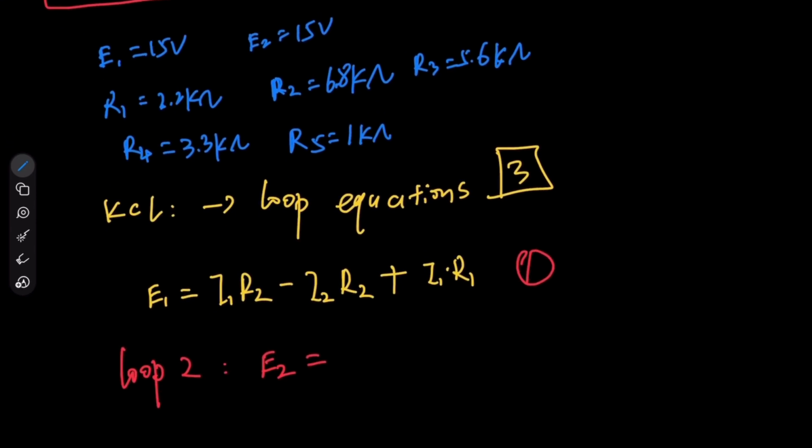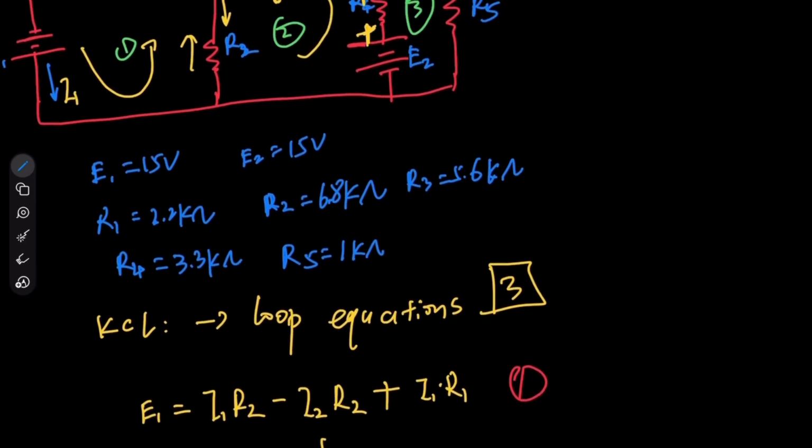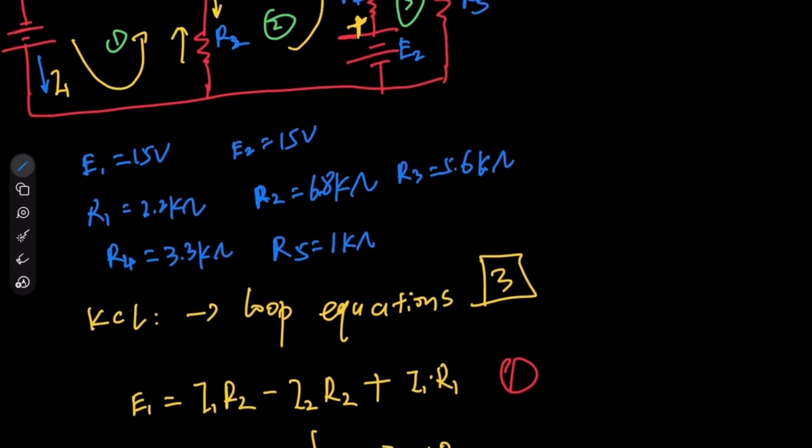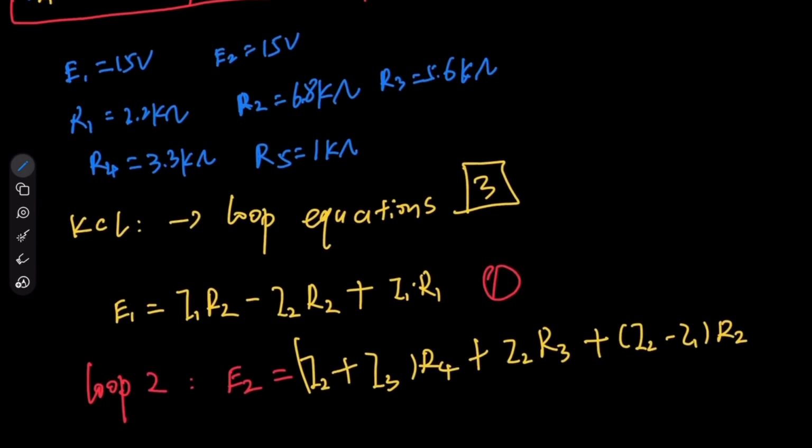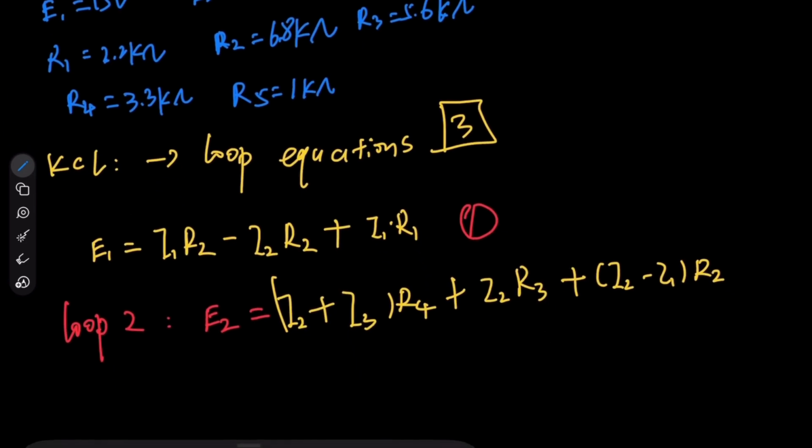So we will have I2 plus I3 times R4, then plus I2 times R3. That's only one current source. And then plus, since we're using this direction, I2 minus I1 times R2. That's for the current flowing through R2. They are in opposite directions, so we use the positive side, subtract the negative side, then times R2. So this will be our second equation here.